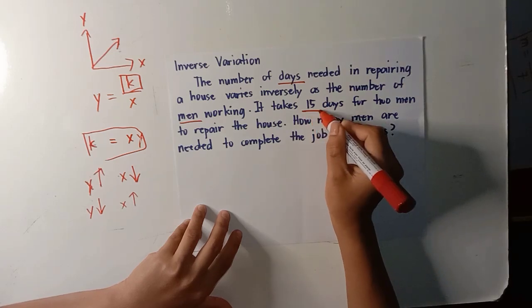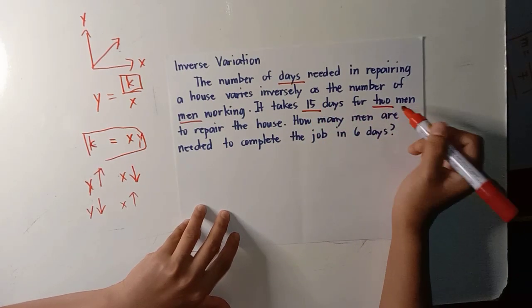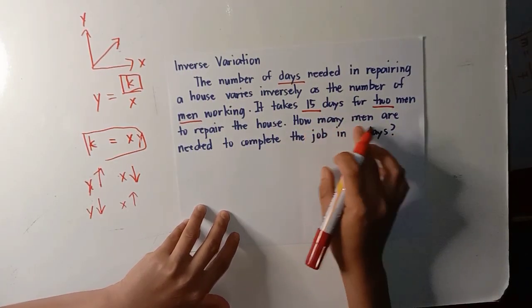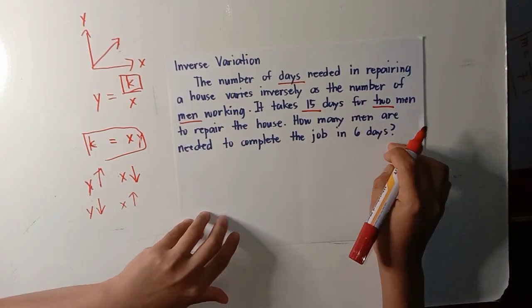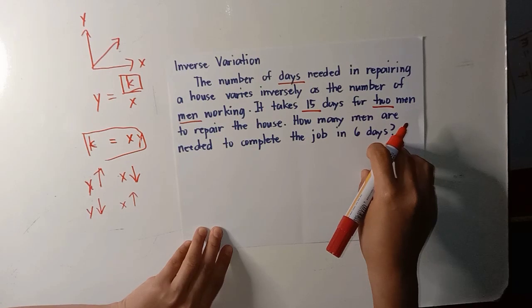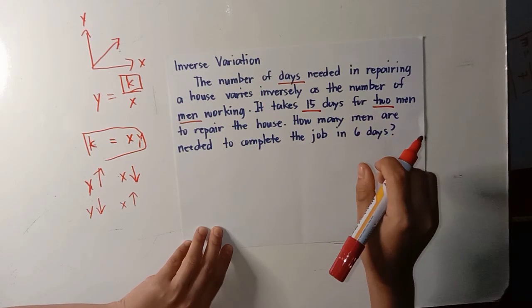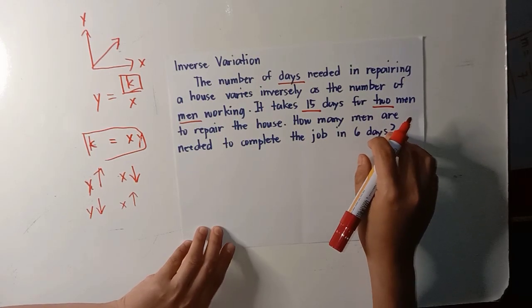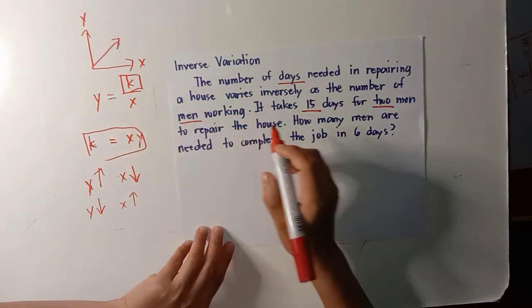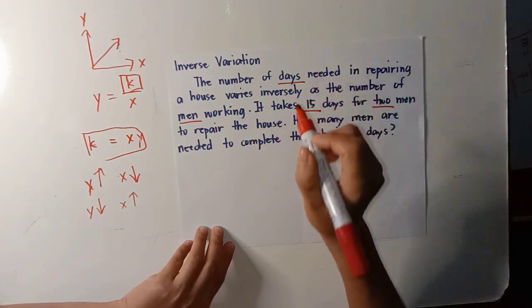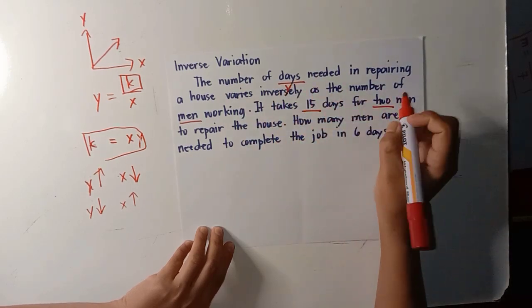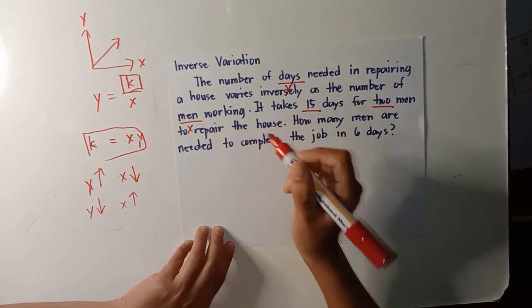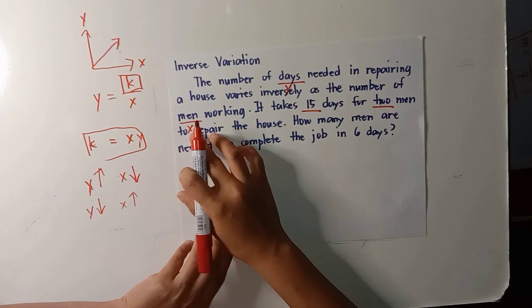So 15 days is to 2. How many men are needed to complete the job in 6 days? The first thing that we will do is to identify first what is our y and what is our x. So let y be the number of days and x be the number of men.